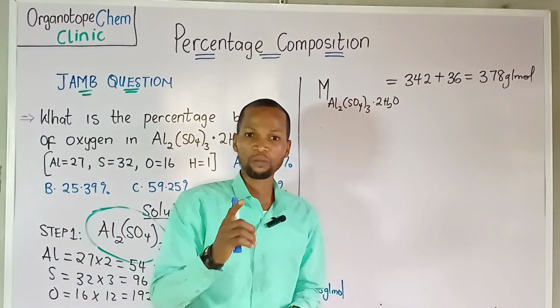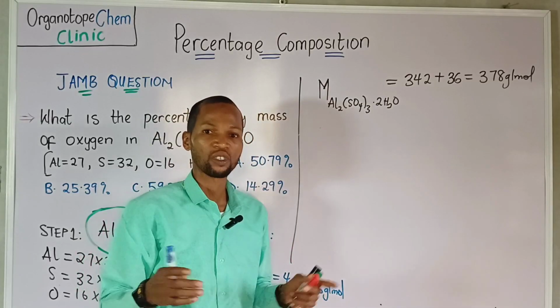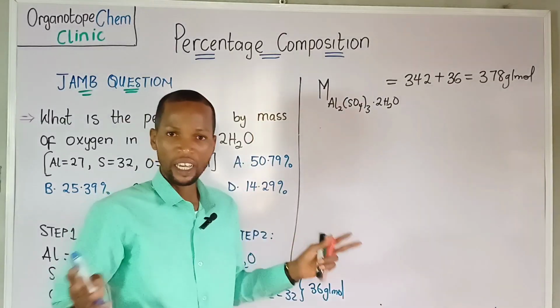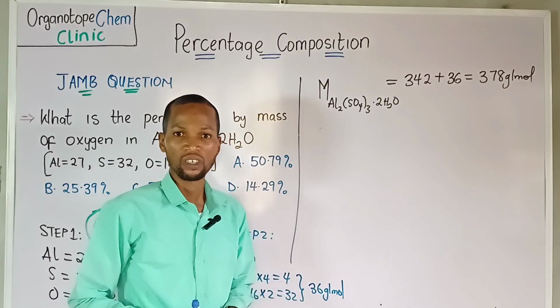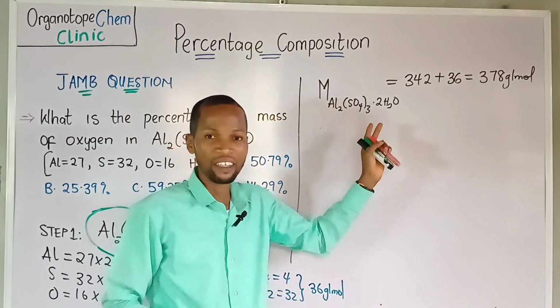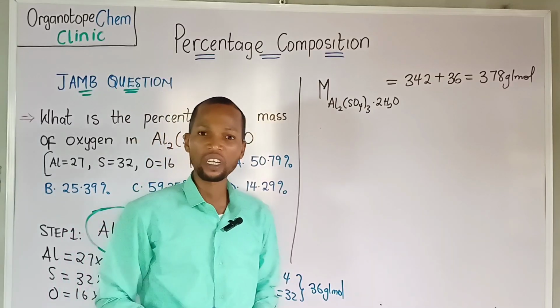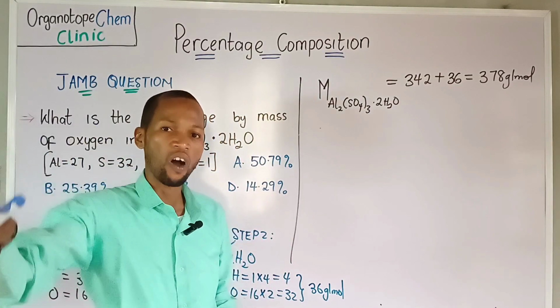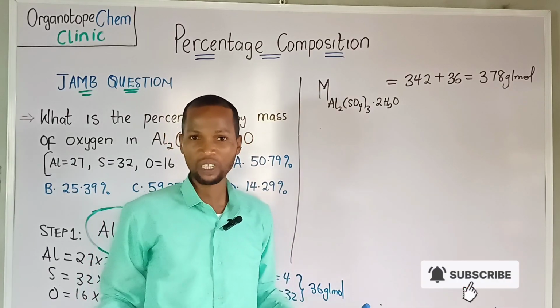Can we consider step 3, which has to do with the determination of the total mass of oxygen atoms in the compound that we are considering, that is the hydrated salt. The mass of oxygen in the hydrated salt is very easy to calculate. All we need to do is to determine the total number of oxygen atoms in this hydrated salt. So can we do that now?